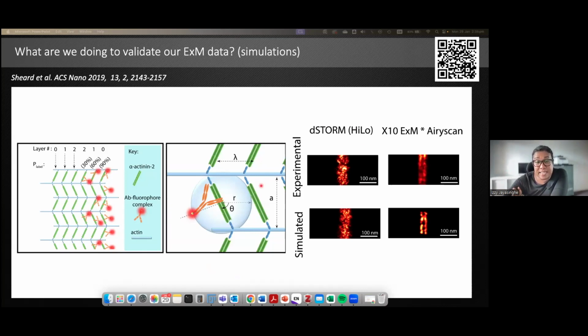When we simulated the way antibodies bind into these targets, and then convolved it by the effective point spread function, we could recreate the experimental data, which is in the top row, through simulated data. That's an approach we have taken: simulating different scenarios and working out which one confirms the data the best. It's not very scientific in some ways, but it is the closest you can get, I find.